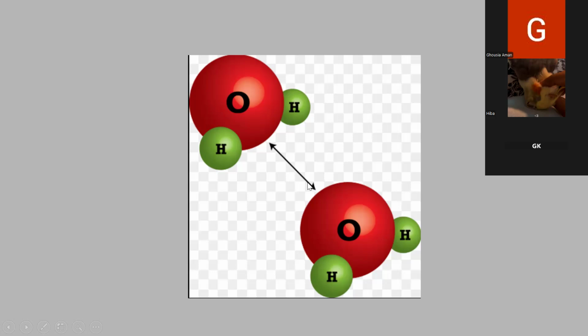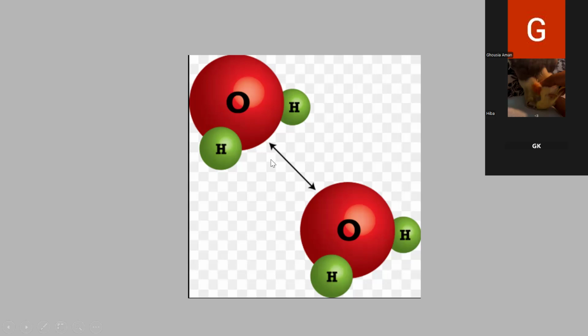And this is the reason that it is a liquid at room temperature, with a low melting and boiling point. Similarly, in between hydrogen molecules and carbon dioxide molecules, the force of attraction is so weak that they cannot come close together, and they are either liquids or gases with low melting and boiling points.